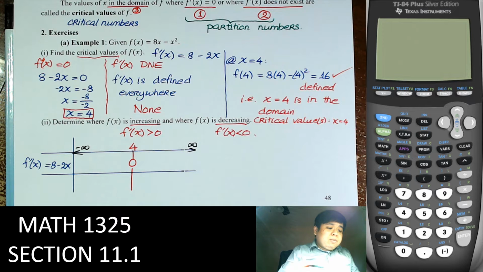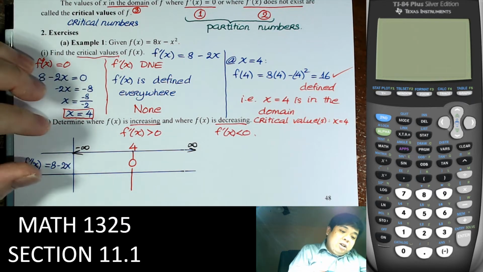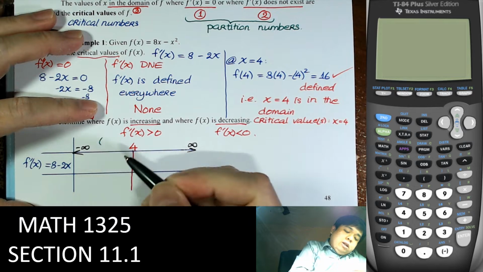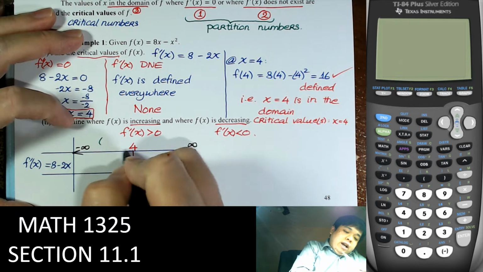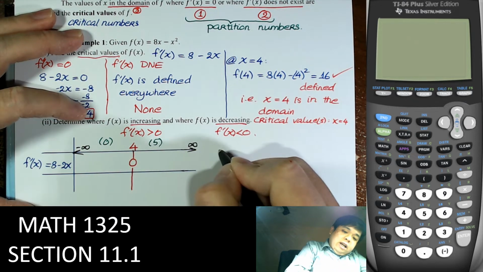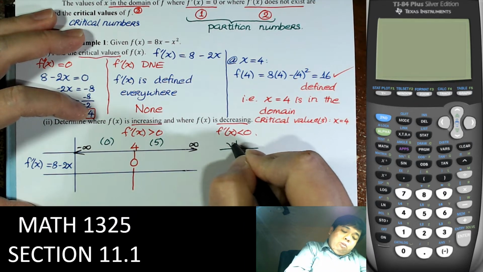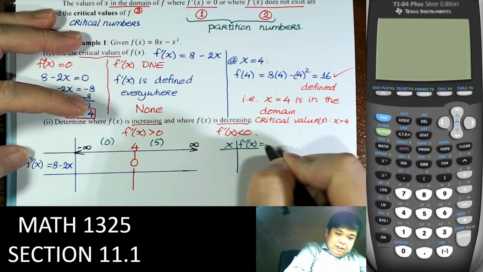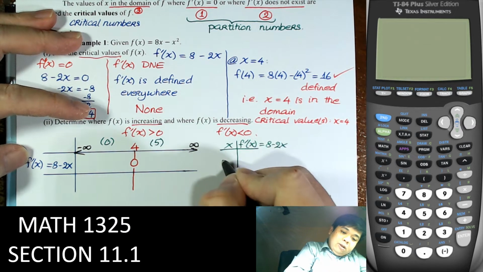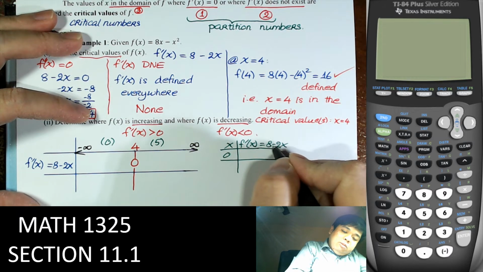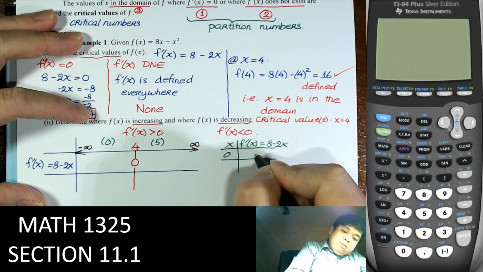Next, to determine the signs in the sign chart, I just pick a value and substitute in here. I will choose a value less than 4 and one greater than 4. Why not choose 0? And I'll choose 5 here. Then we put it in the derivative, because it is the sign chart for the derivative. When x equals 0, 8 minus 2 times 0 is 8.